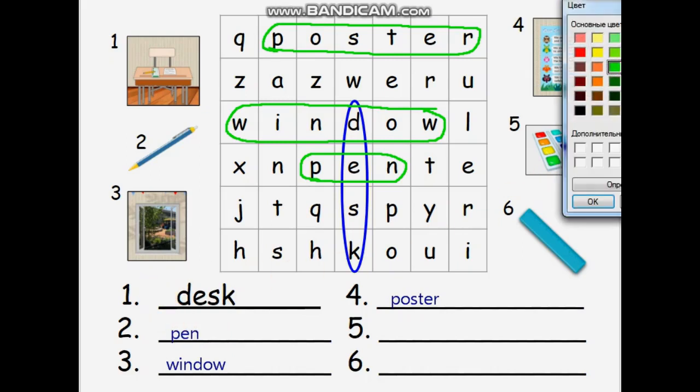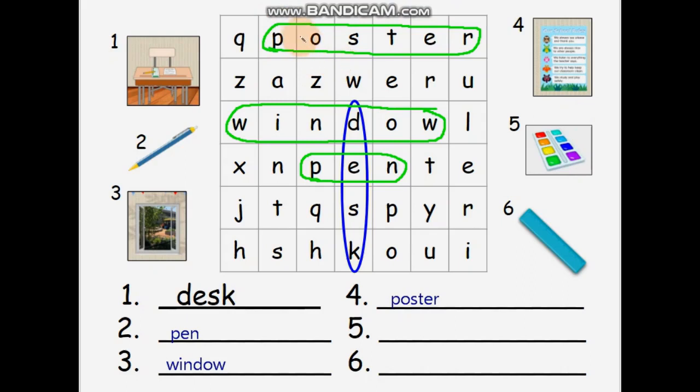Well, let's look what is there. What is there? Paints are there. Where are the paints? Here they are. Number 5 are the paints. Let's write number 5. Paints.